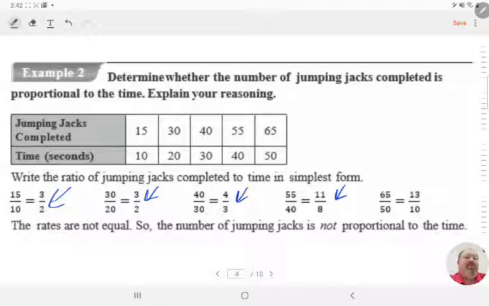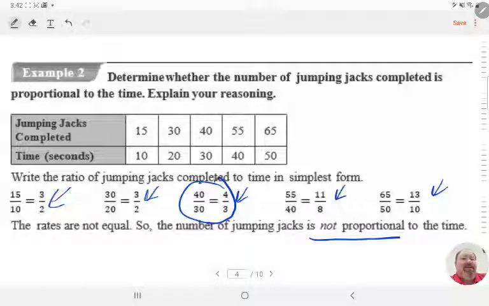And 65/50 is 13/10. So they're not the same. So they are not proportional. Once I got to right here and found out that 40/30 simplifies down to 4/3, I'm not even worried about the next two because I know it's not proportional. Okay? Once I get to the first fraction that does not simplify down to the same number, it's not proportional.